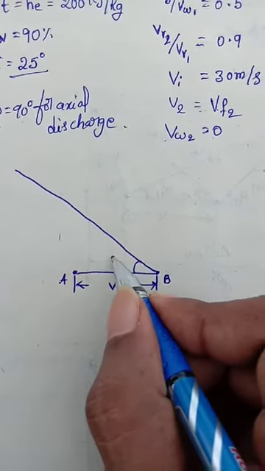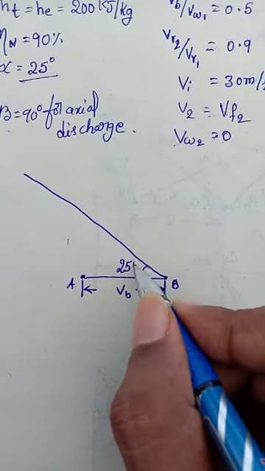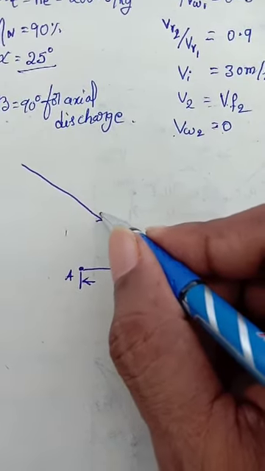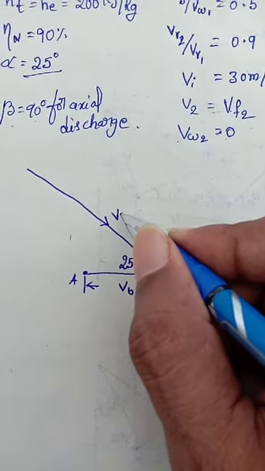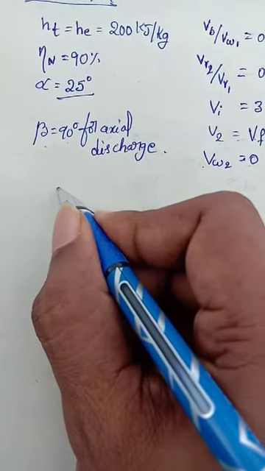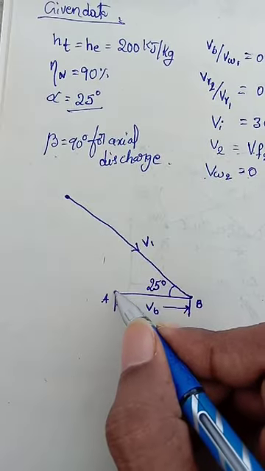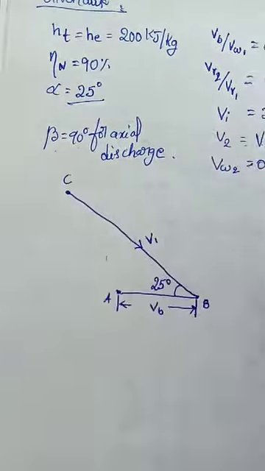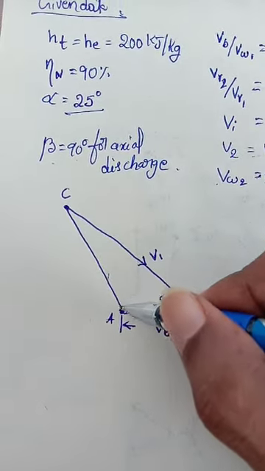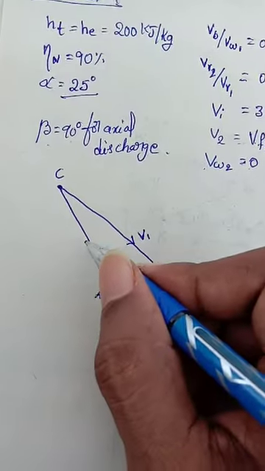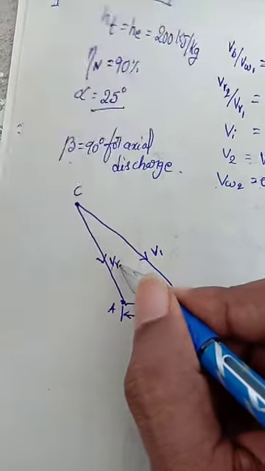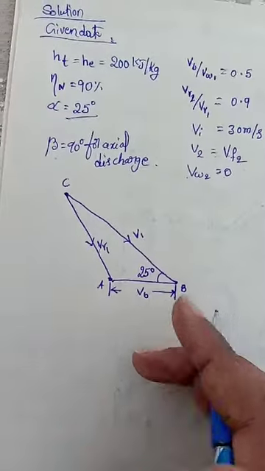This one is coming from V1. Now join this point and this point. I fix here C, and join CA. It will give the relative velocity VR1.